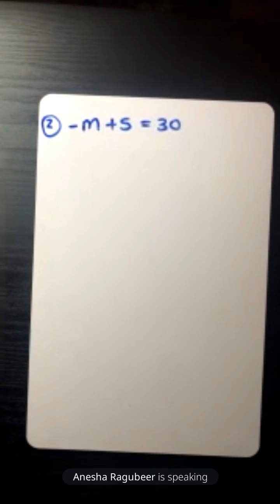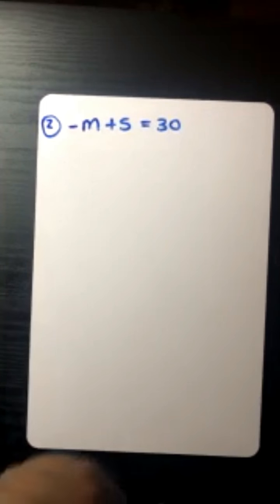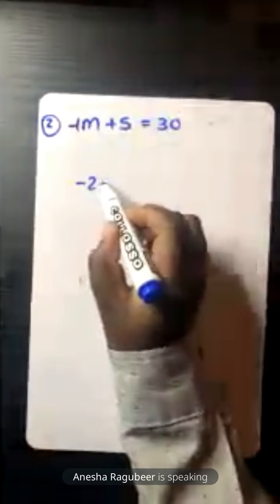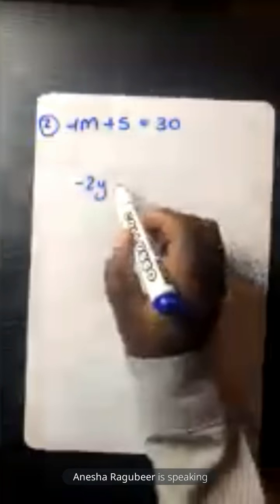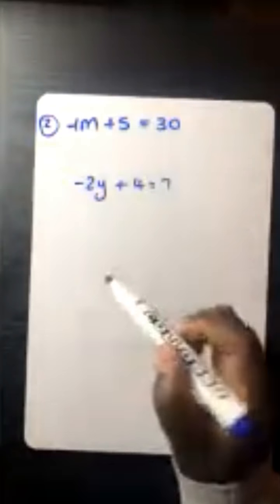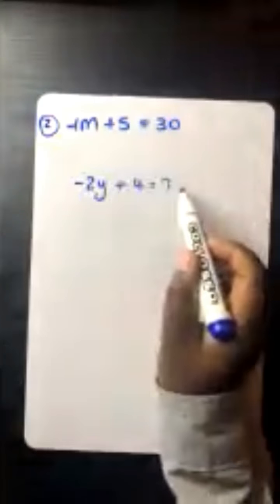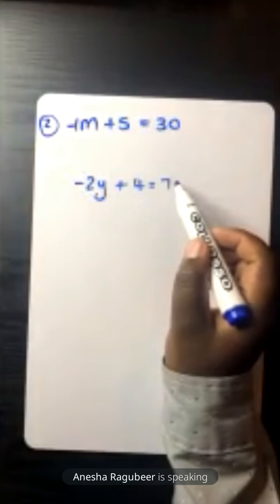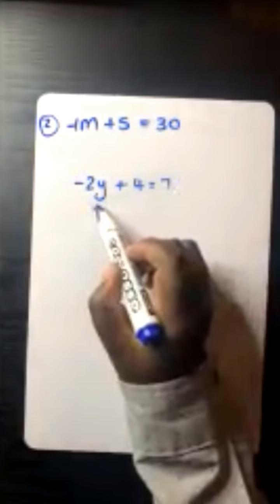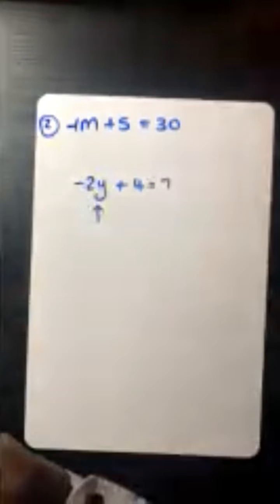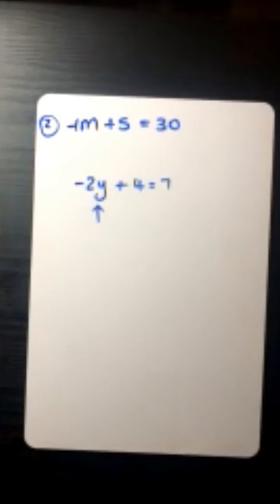Even though the equation is in the form of a negative, remember it's negative 1 over there, just like you have negative 2y plus 4 equals 7. You still say this is an equation because of the equal sign. When we've got an equation, we solve for the unknown, which is represented by y. You won't say which is represented by negative 2. Can you see? Yes, sir.